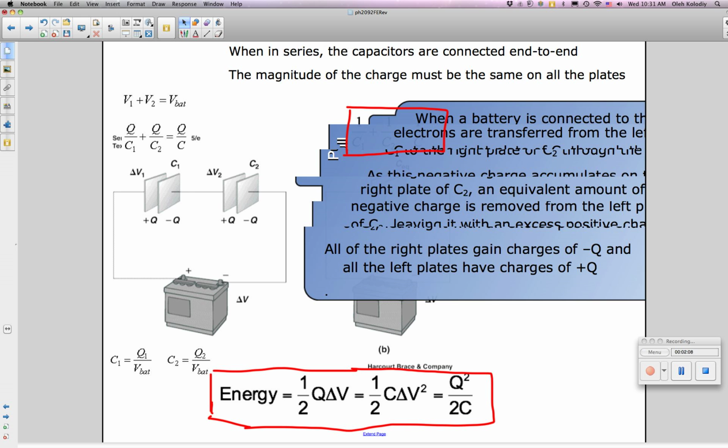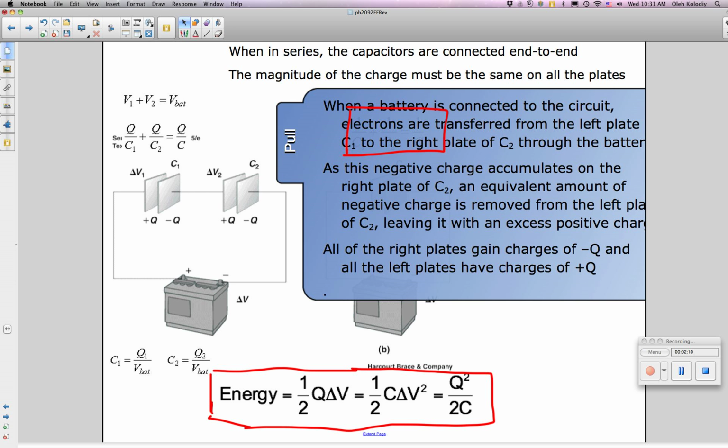If you double the area, it'll become 2A, and you halve the distance between the plates.